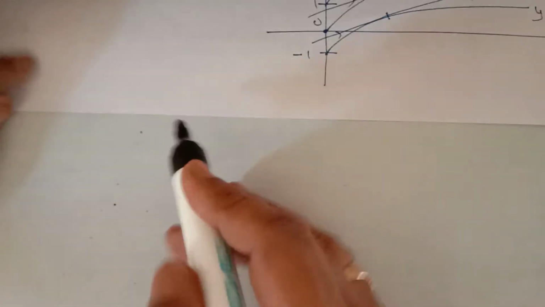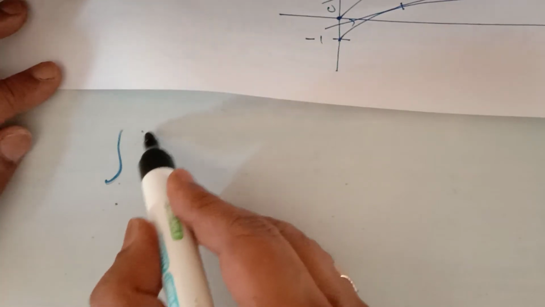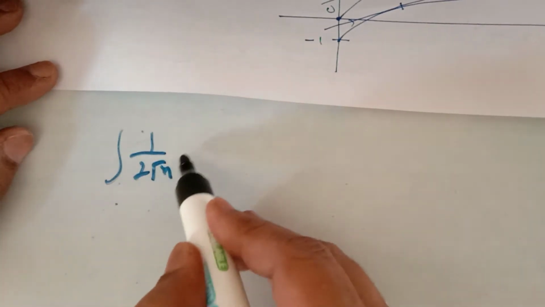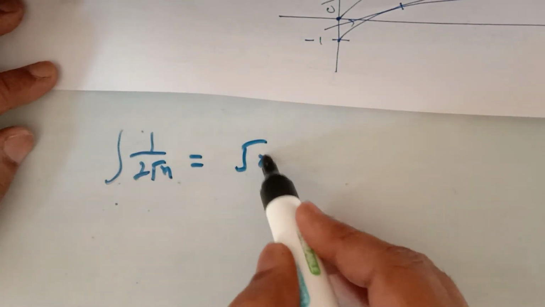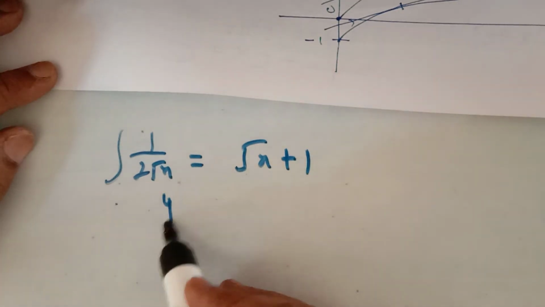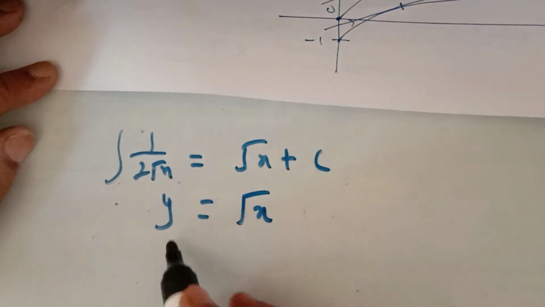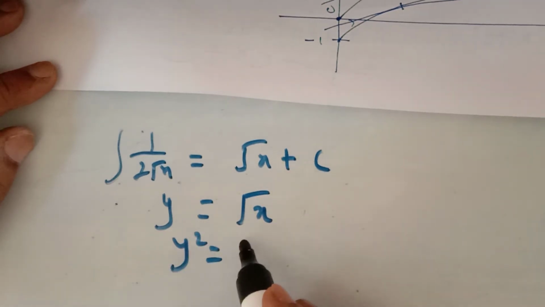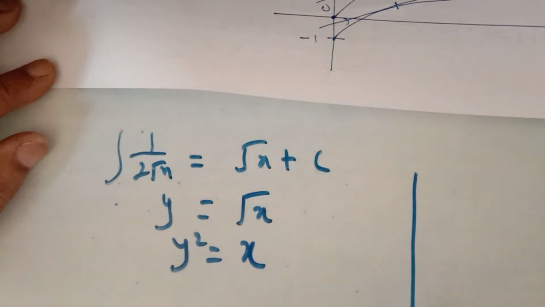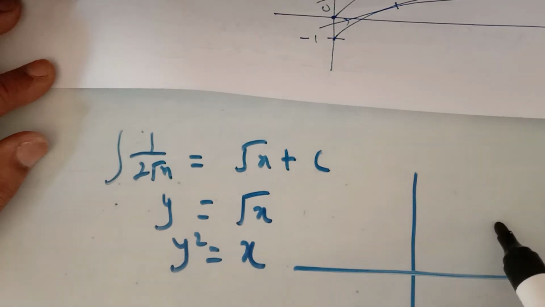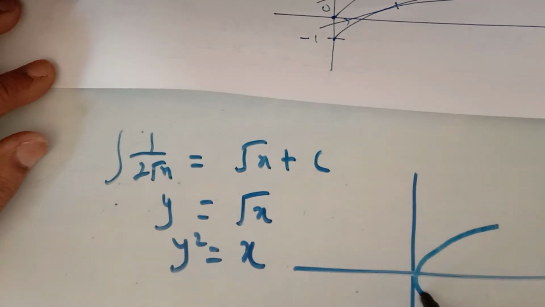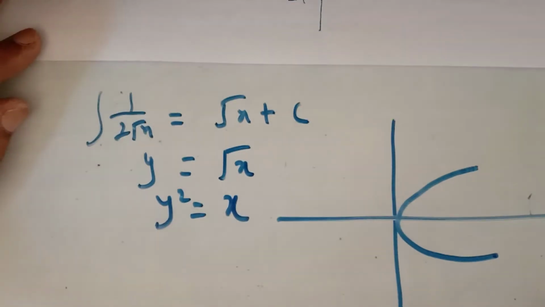Let us take the diagram for it. Because the integration of 1 upon root x is root x plus c, if I take y equal to root x, it will be a parabola, that is y square equal to x. It will be a parabola like this.